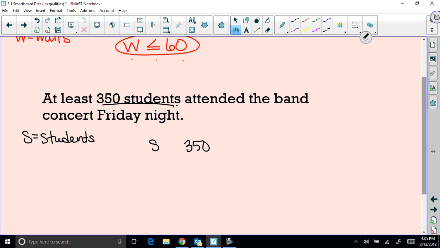Okay? So students, were my students more than 350 or were my students less than 350? If at least that amount attended, then there were 350 or more students at that concert. Okay?